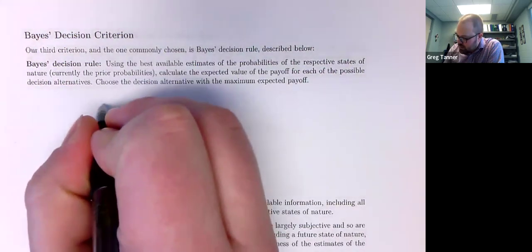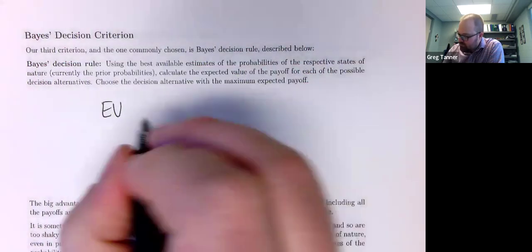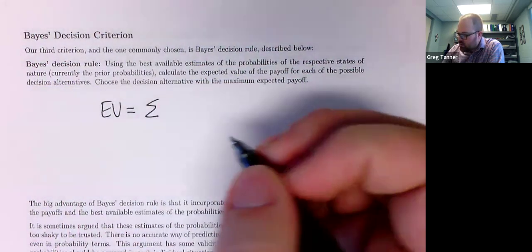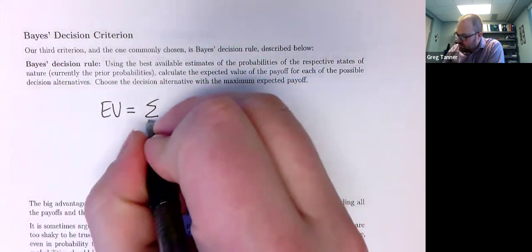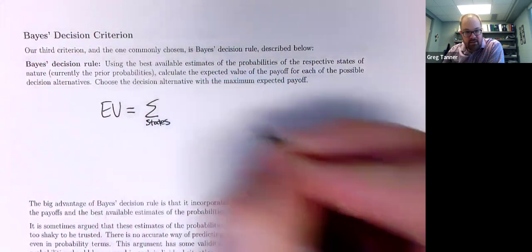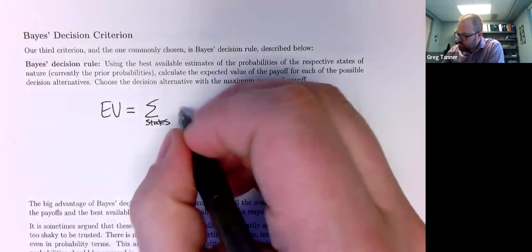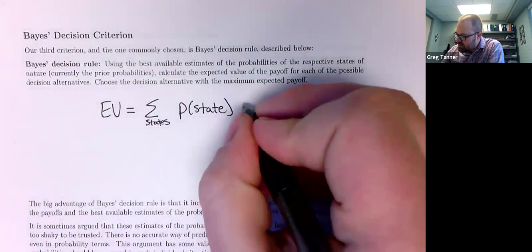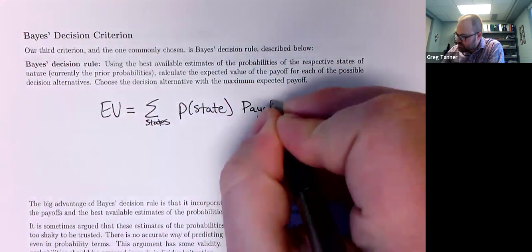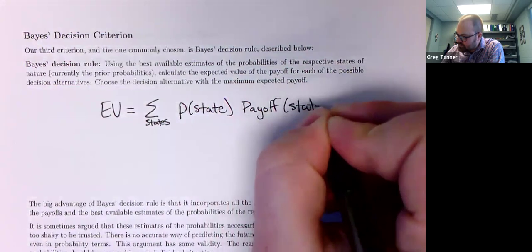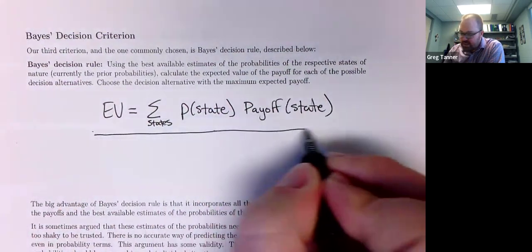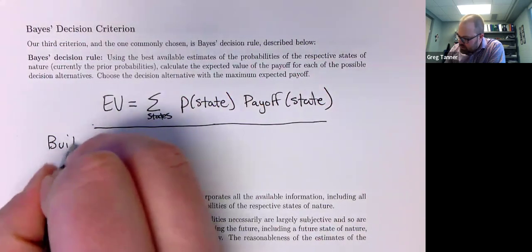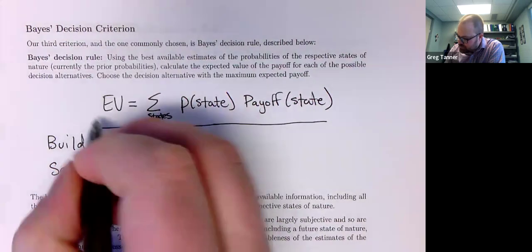And so here I'm going to write expected value, and the formula for expected value is the sum over all states, states of nature, of the probability of that state times the payoff of that state. So that's the formula. And let's see what it looks like for build and for sell.